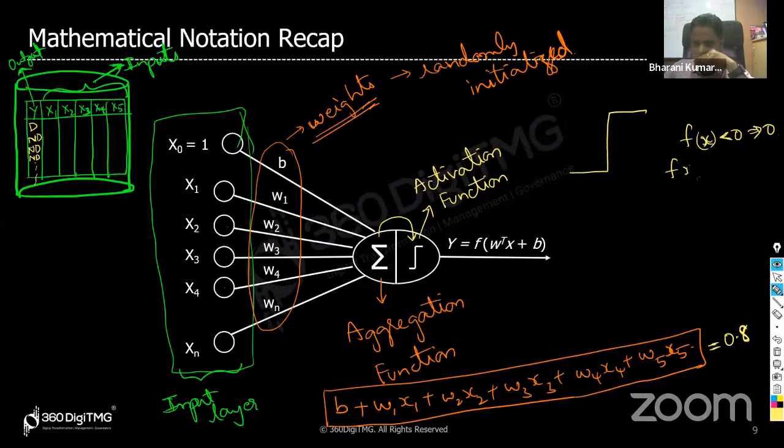Output will be 0 means the person will not default. And if this value is greater than or equal to 0, then you will say that the output would be 1. 1 means the person will default, 0 means the person will not default.